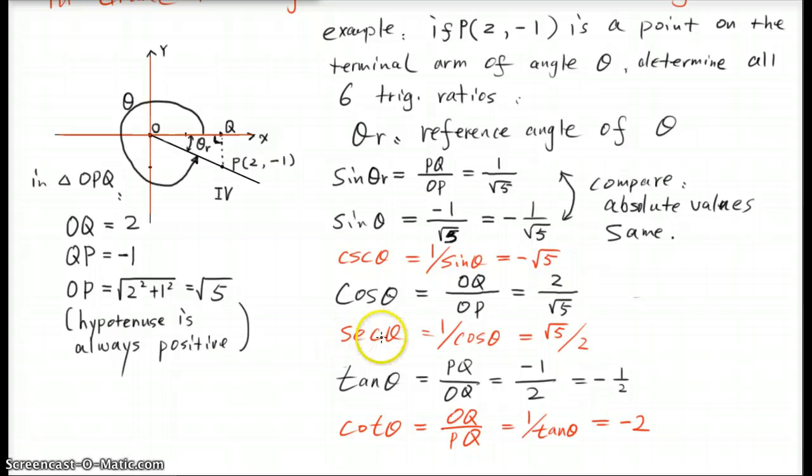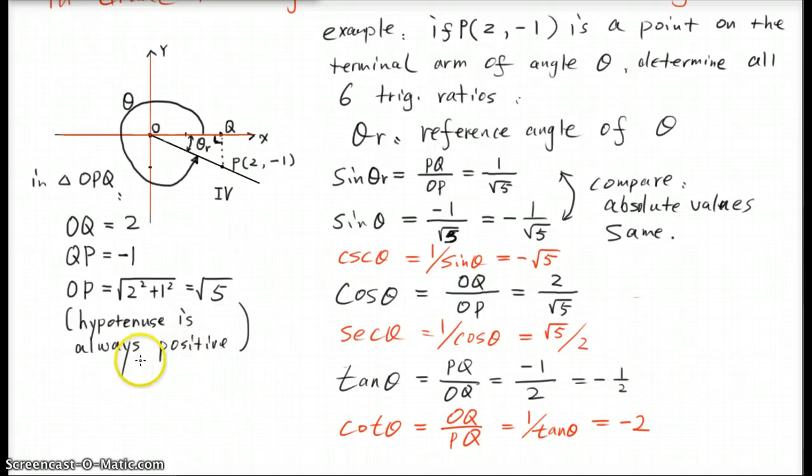The secant is again the reciprocal of cos theta, so turn it upside down. The tangent equals opposite side over adjacent side, so that's -1 over 2. And the cotangent theta is the reciprocal of the tangent, so it equals -2. So the question is done.